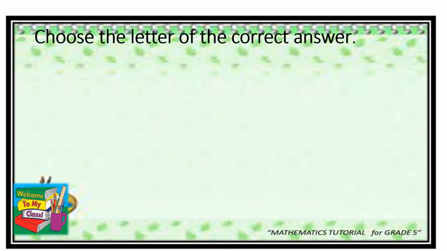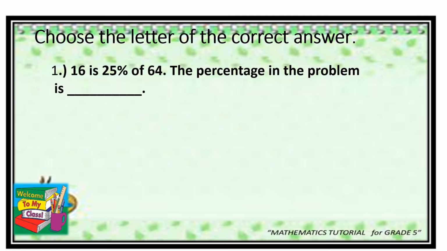Now, choose the letter of the correct answer. So please get your pen and paper, then write the letter of the correct answer. Are you ready? So good luck. Number 1. 16 is 25% of 64.